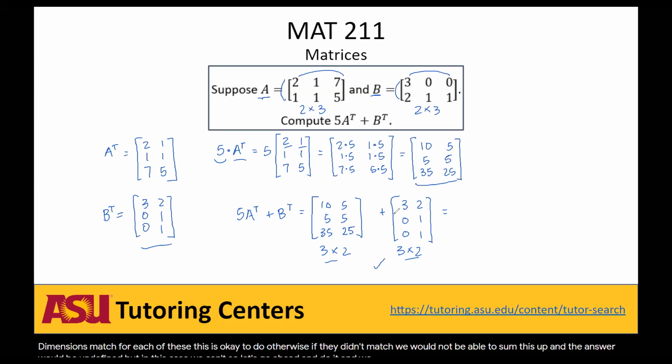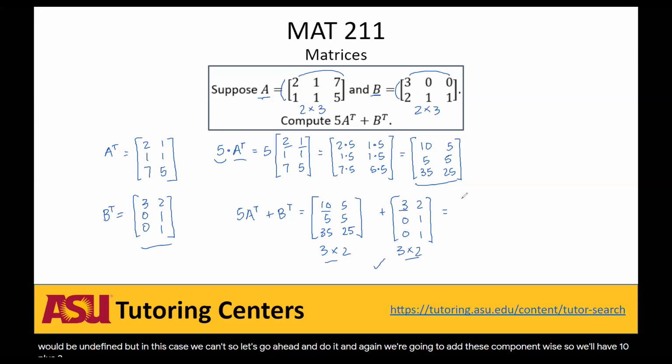We're going to add these component-wise. So we'll have 10 plus 3 for our first row, first column element, and that's going to be 13. We're going to have 5 plus 2 for our first row, second column, which is 7. And then so on and so forth.